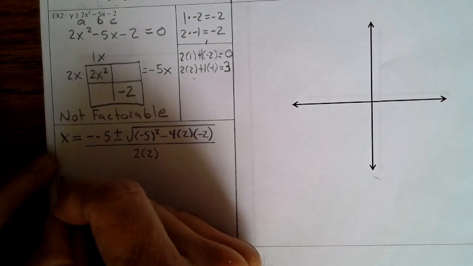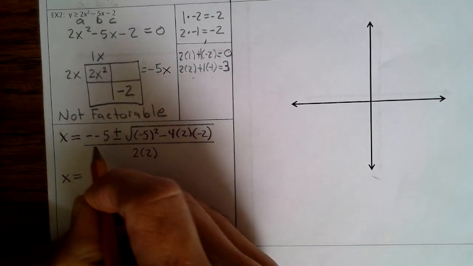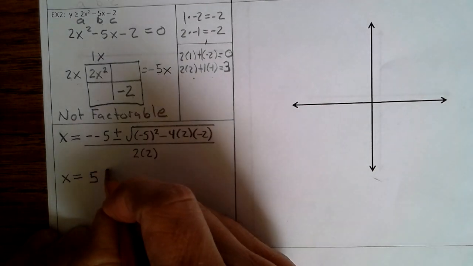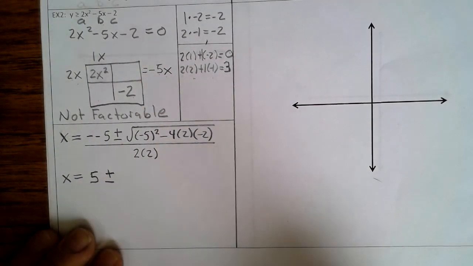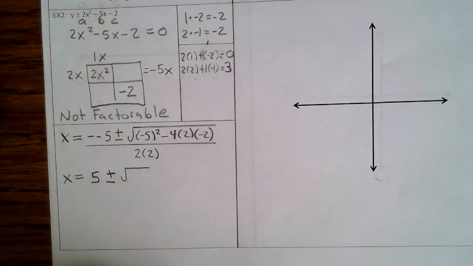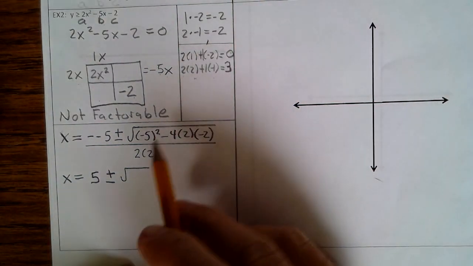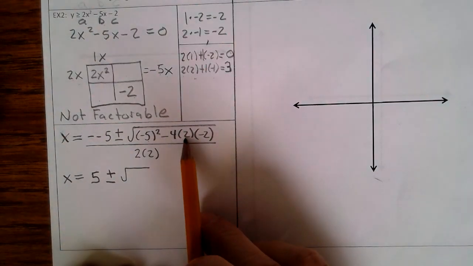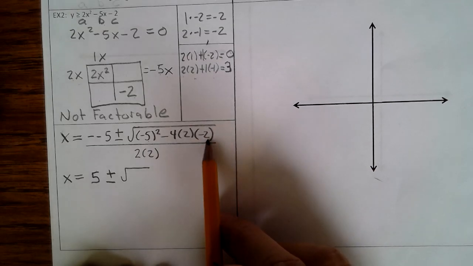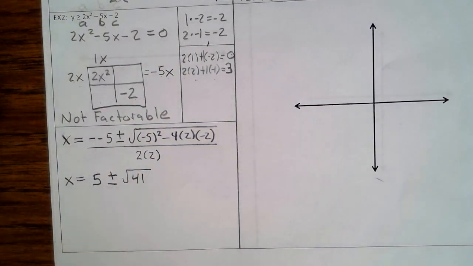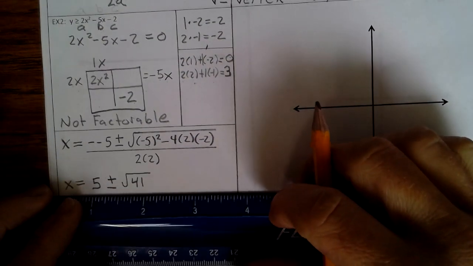Okay, so x equals a negative times a negative is a positive, so it's positive 5 plus or minus the square root of, well, 5 squared is 25 plus, that's a negative 8, but then negative 8 times negative 2 is 16, so 25 plus 16 is 41, divided by 4.